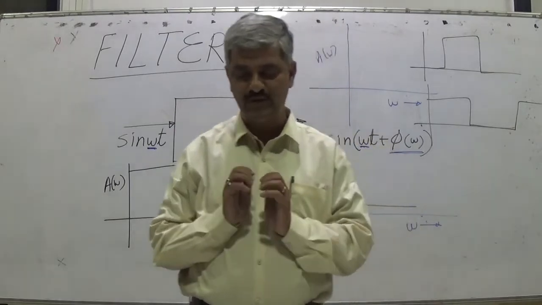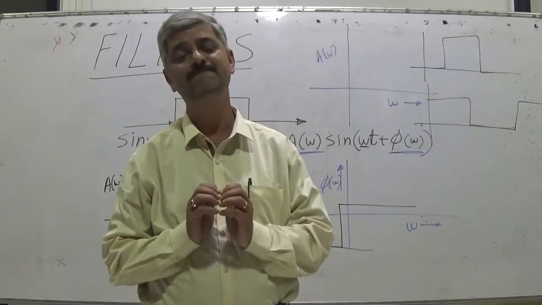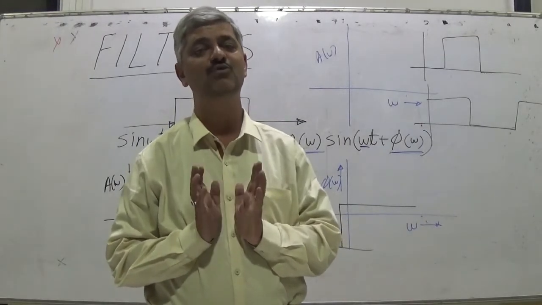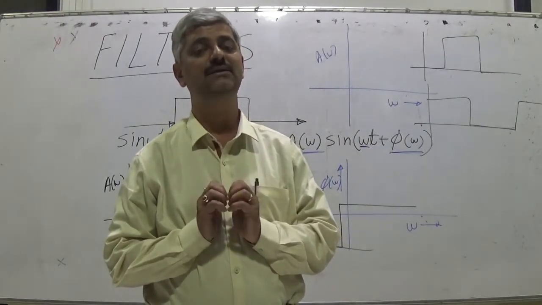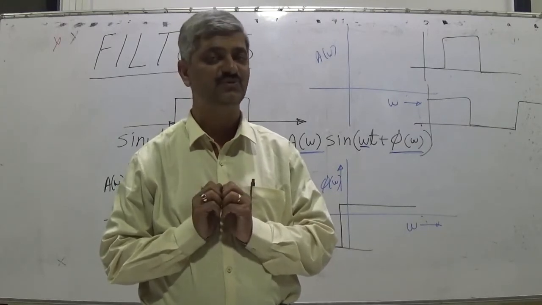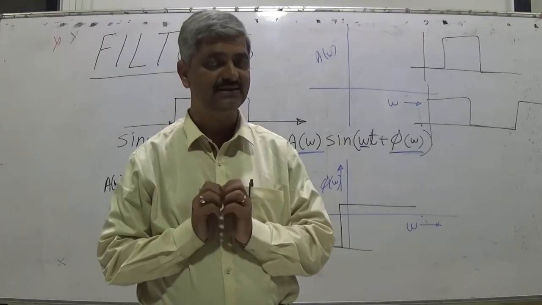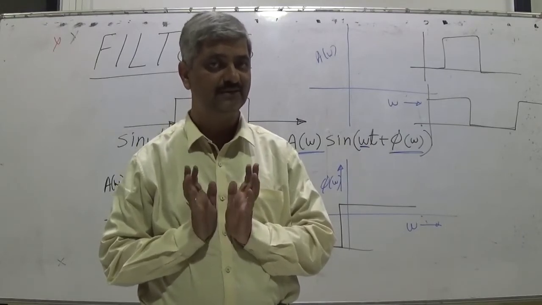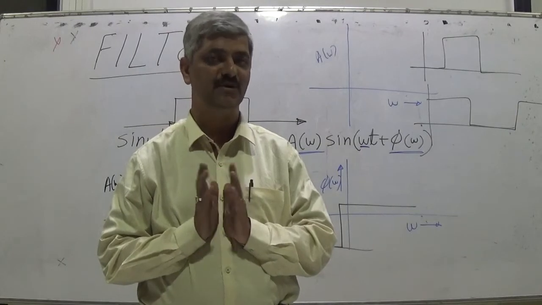We apply the input as sin omega t, capacitive reactance we take as 1 upon j omega C, inductive reactance we take as j omega L, resistance is R. We compute everything, and after we compute we get something in terms of j.